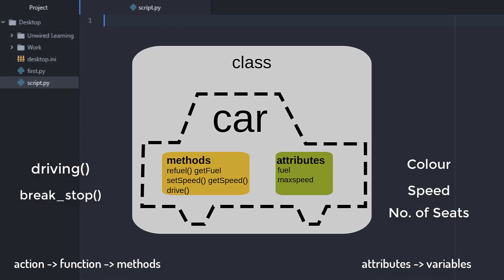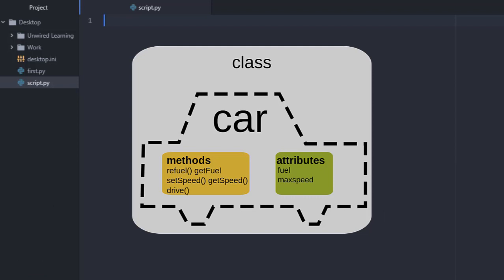Inside our class we will be writing different types of actions, that is functions. And remember, whenever we are using functions inside a class, we call them methods. So we are going to write a class about a car, then define some attributes, that is variables, about color, maybe some model number, engine number, number of seats, and all the different things that we can think of.